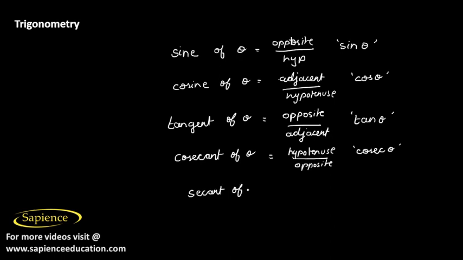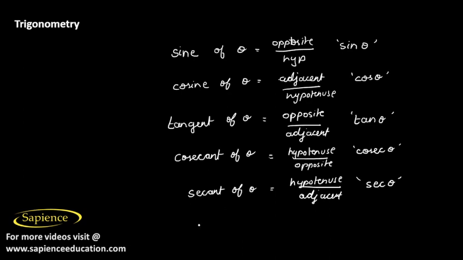And the fifth ratio is secant. Secant of theta is the ratio of hypotenuse divided by adjacent side. And secant theta is written as sec theta.